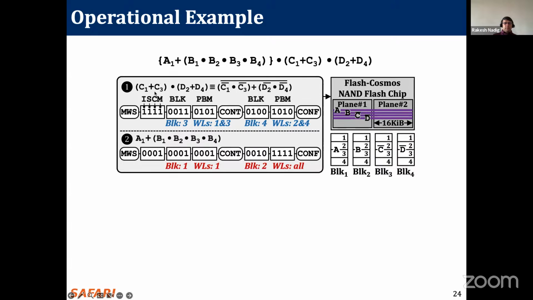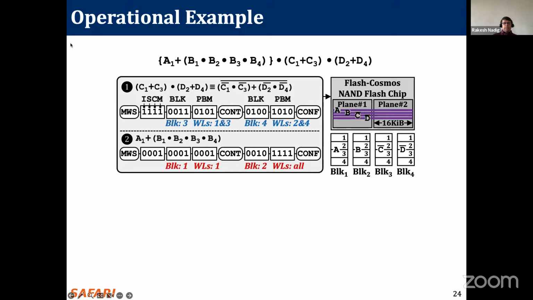So we look at C1 bitwise OR with C3 and D2 bitwise OR with D4. One thing that we do in Flash Cosmos is to try to utilize bitwise AND operations more frequently, which means that we use more intra-block MWS operations.